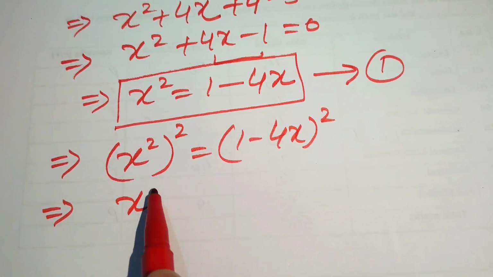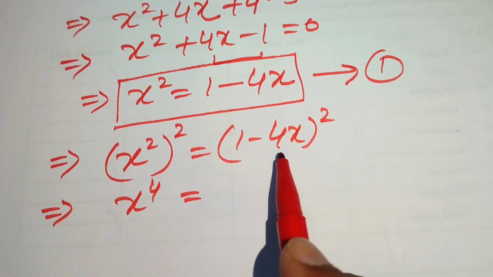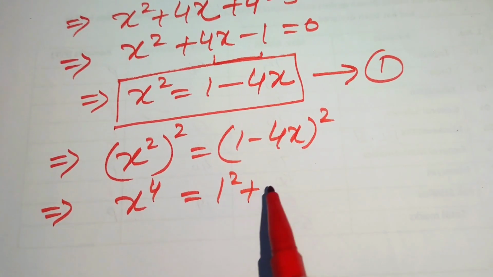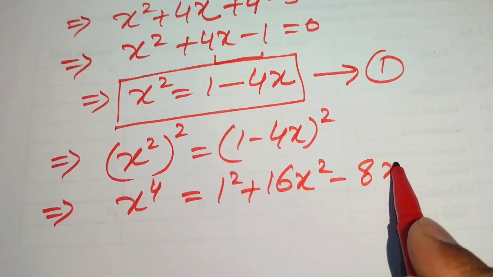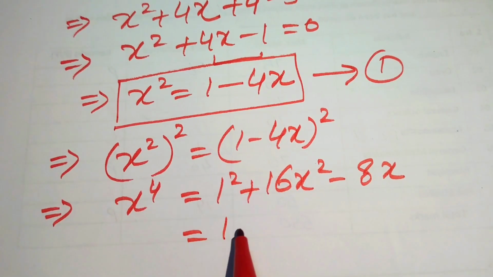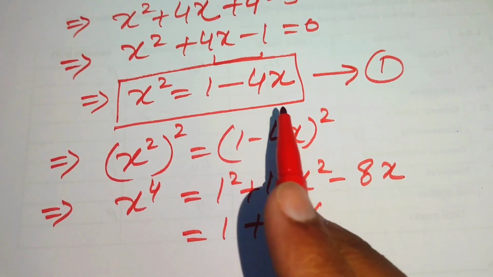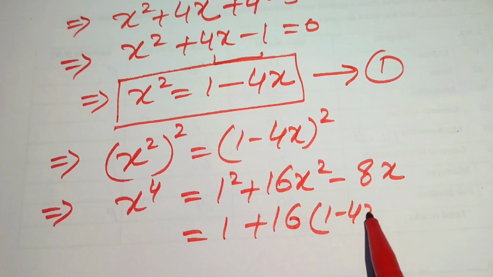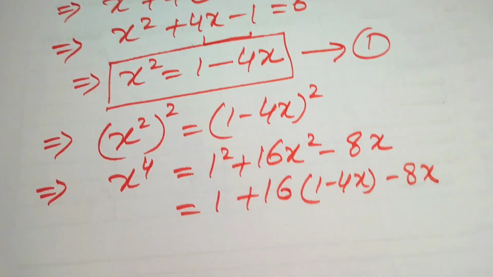So you get x to the power of 4 equals, here we again expand the square identity, and you get 1 square plus 16x square minus 8 times x, and we get 1 plus 16 into x square, and the value of x square is 1 minus 4x, and this is minus 8x.